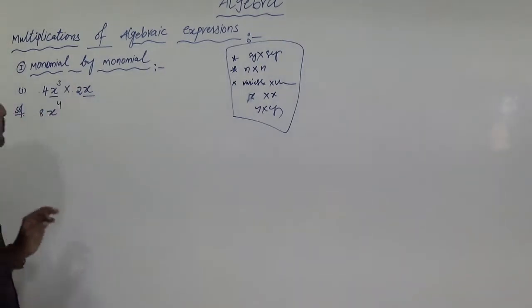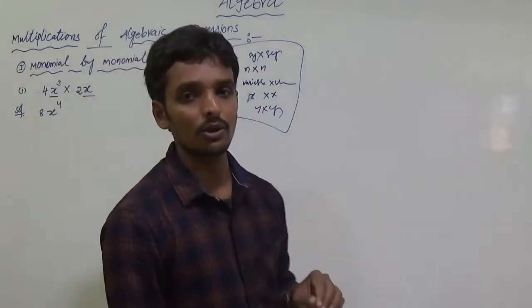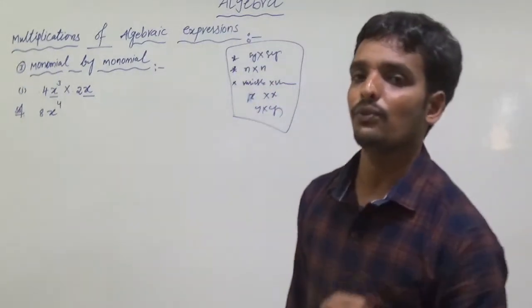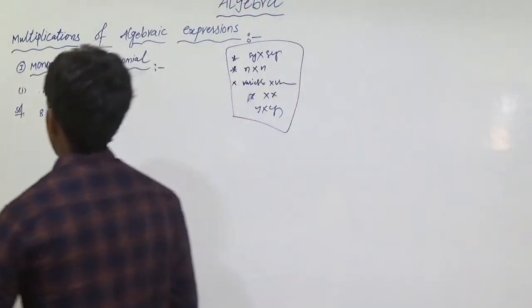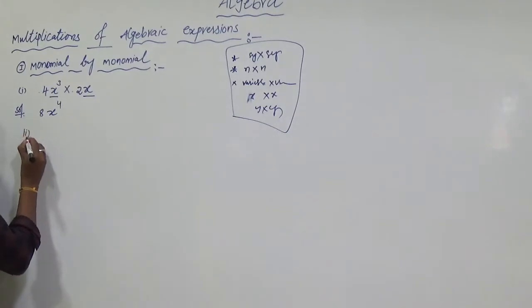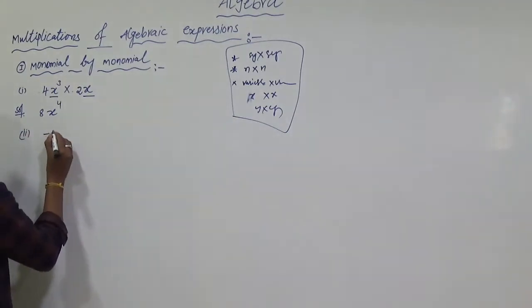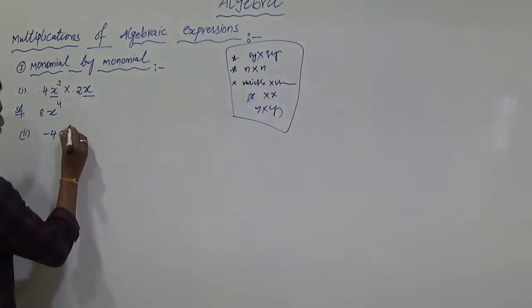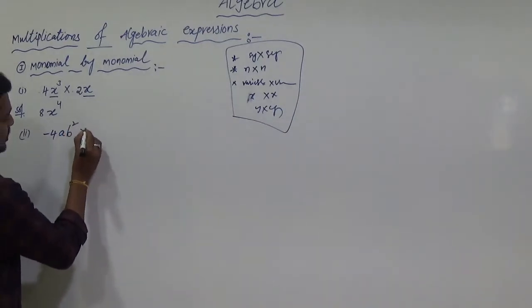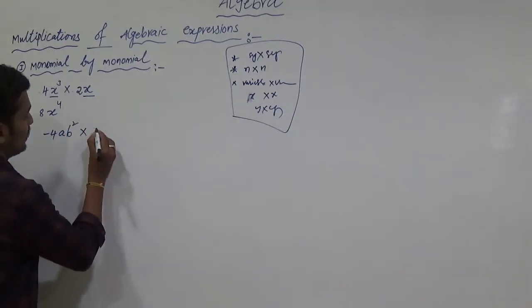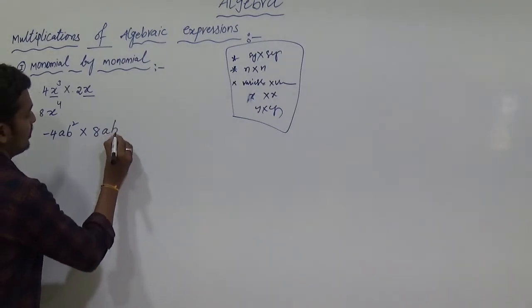The answer for the problem, 4x cube into 2x is equal to 8x to the power of 4. Okay, and some more problems. That is minus 4ab square into 8ab.